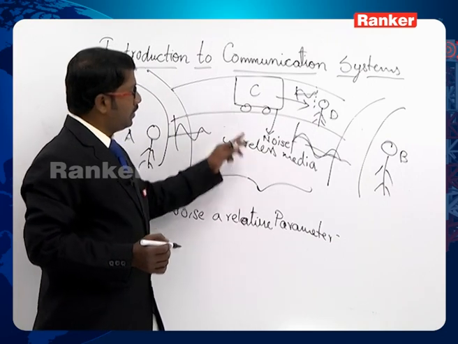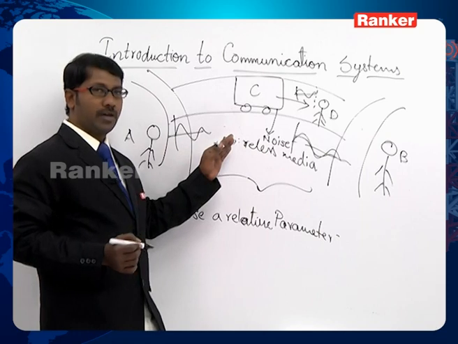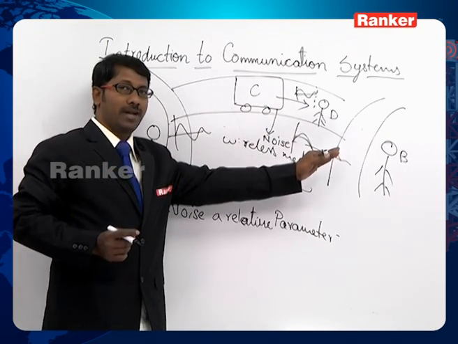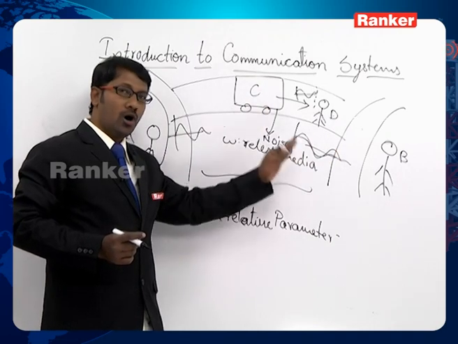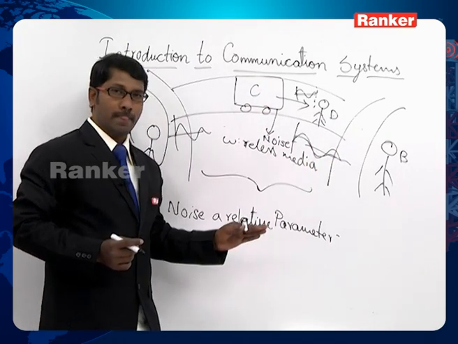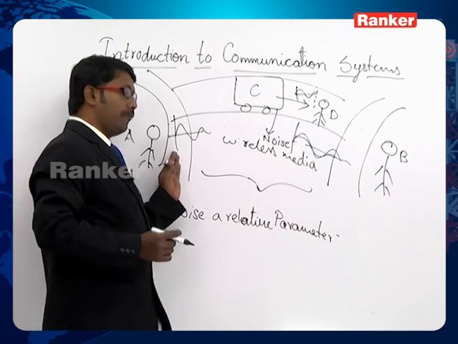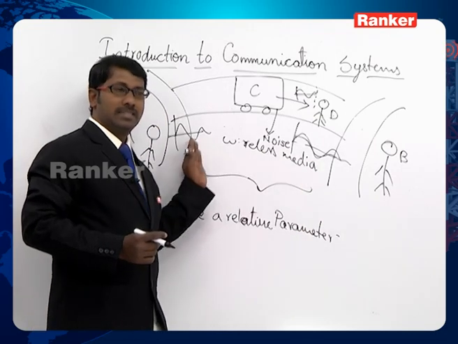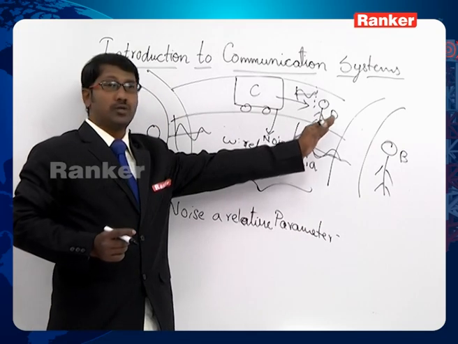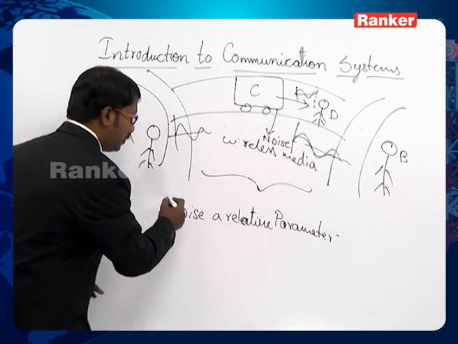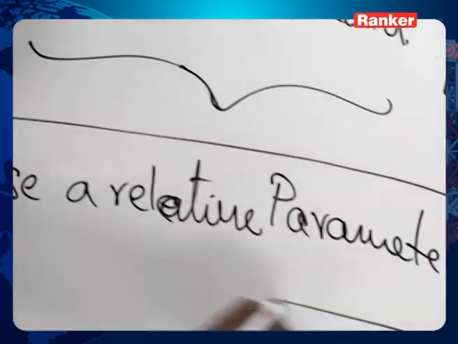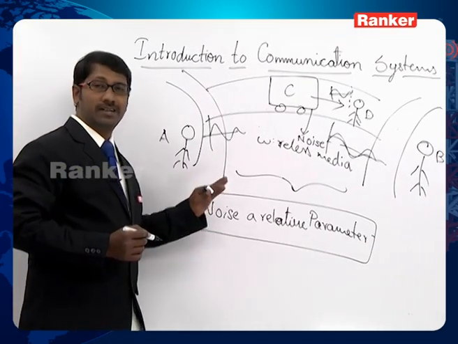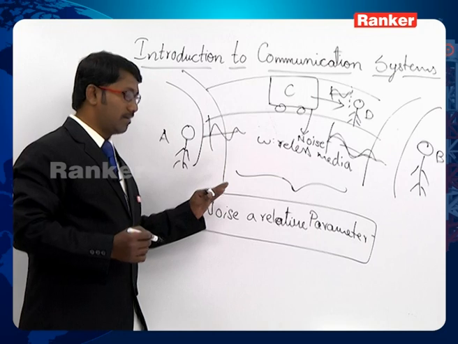In this case, the signal coming from the source C is a wanted signal for D, whereas it is considered noise by the second user B. Similarly, the signal which is coming from A is a wanted signal for B, whereas it becomes noise for the user D. So I stress upon this particular parameter, which is very, very important in communication systems. Noise is a relative concept. Noise is a relative parameter.